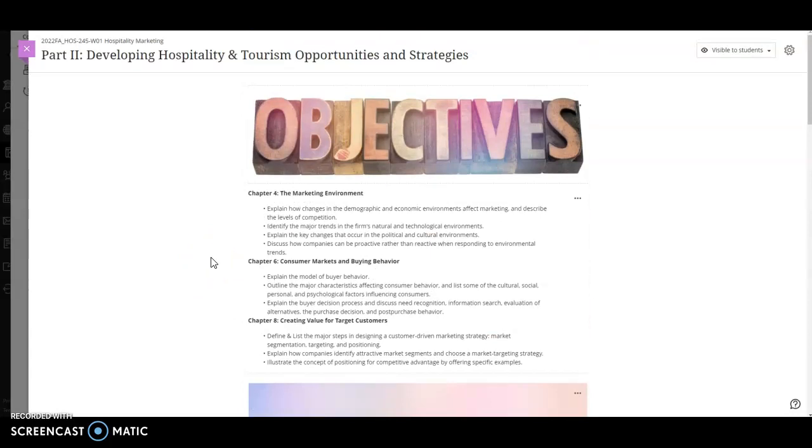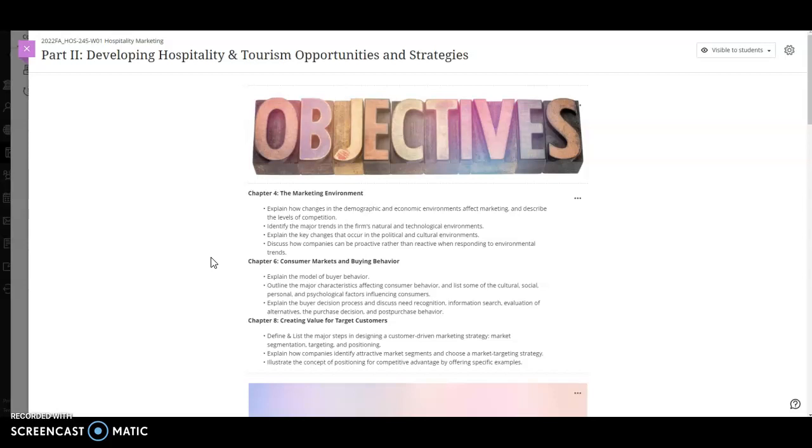So as we look at chapter 4, getting right into it, the objectives here, I pulled out 4 key objectives that I think we need to focus on. One is to be able to explain how demographic and economic environments affect our marketing and describe our levels of competition. Two, identify major trends in a firm's natural and technological environments.